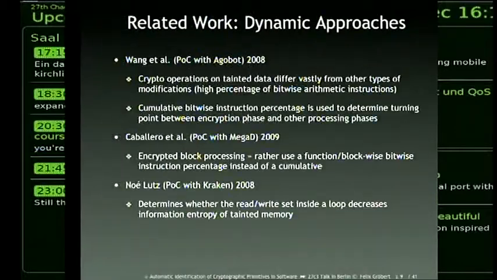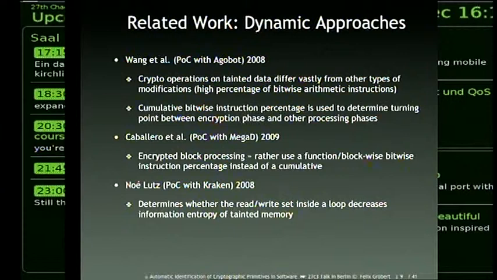In the research community, there are 3 significant papers. One is by Wang and co-authors. They did a proof of concept with EgoBot, which I mentioned earlier, which uses IRC over SSL. What they do is they look at tainted data and follow it through the application execution.